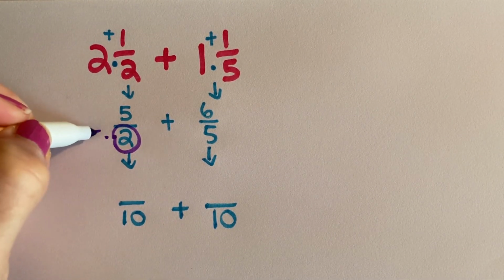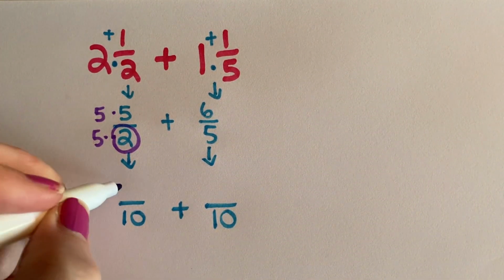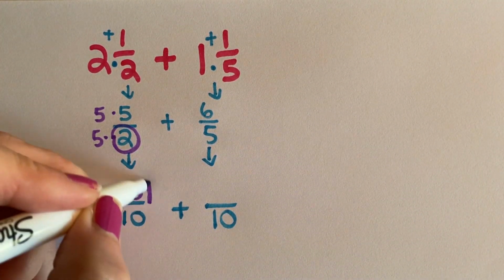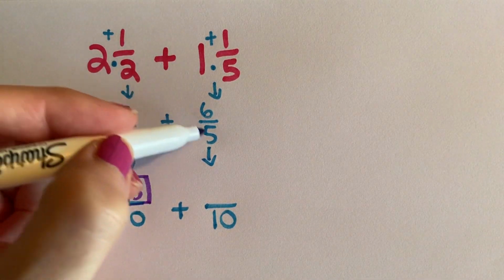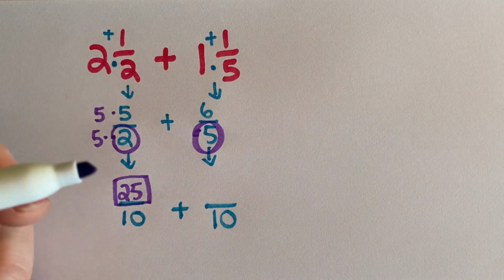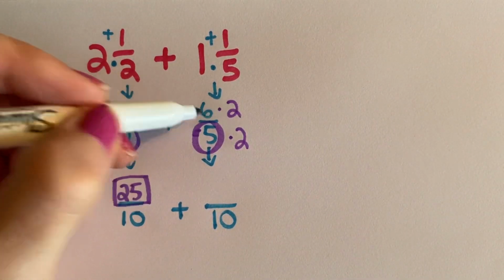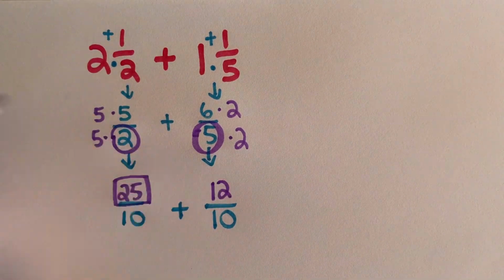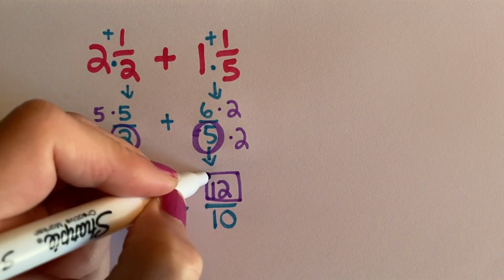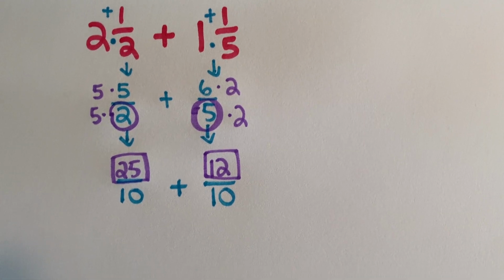Well, we're going to multiply by 5. And 5 times 5 is 25. And how do we grow a 5 to a 10? Well, we're going to multiply by 2. And 6 times 2 is 12. So now we have 25 over 10 plus 12 over 10.